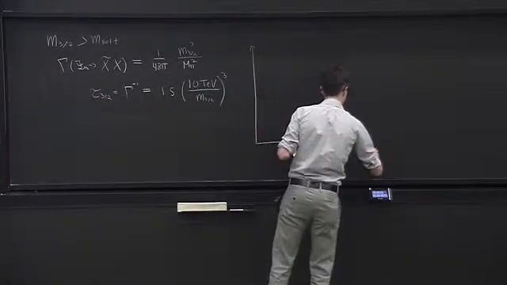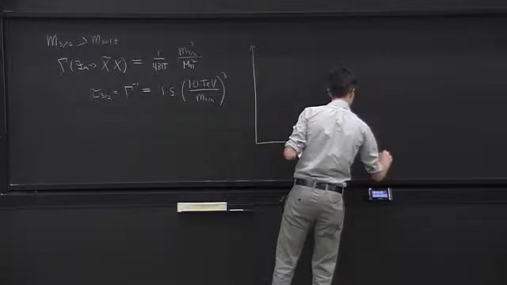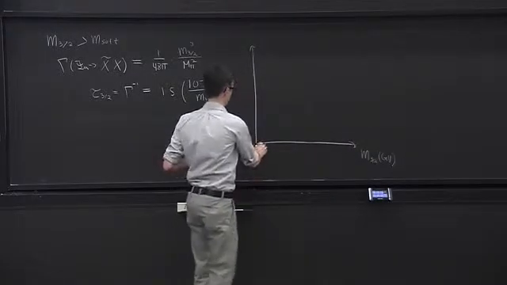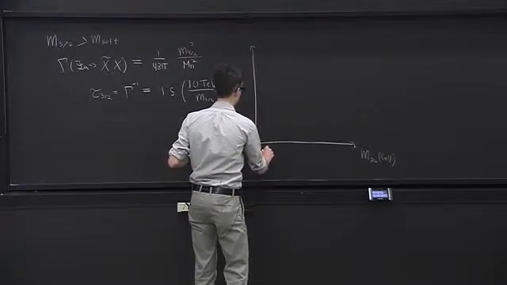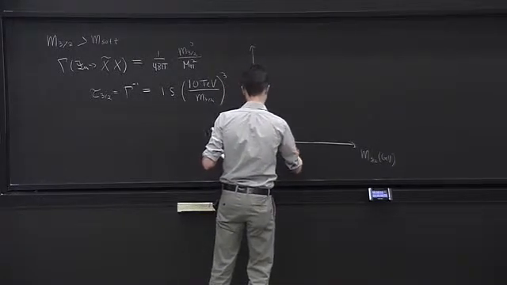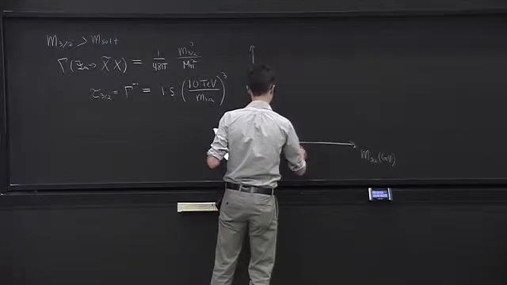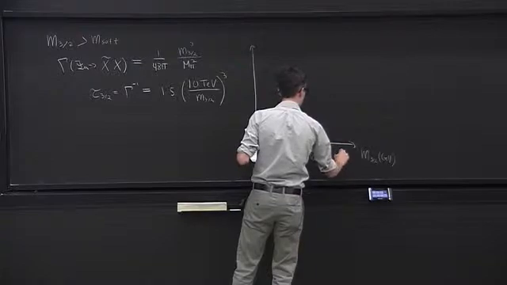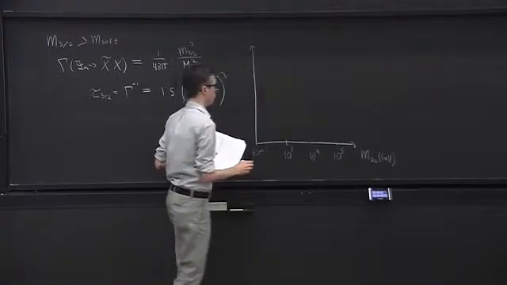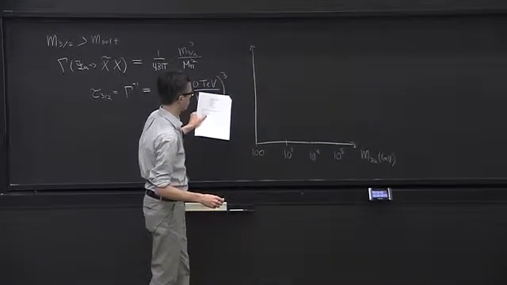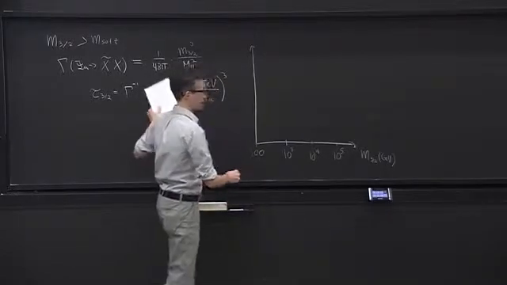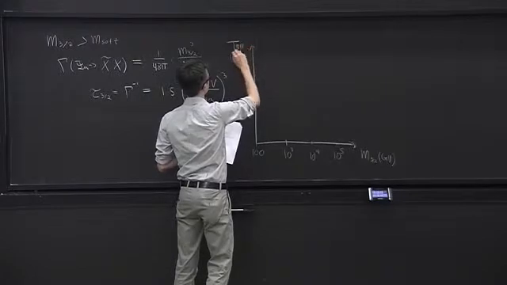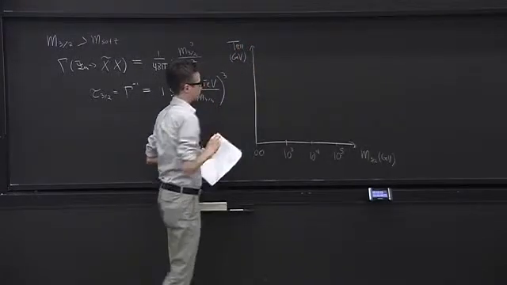People write these limits as a function of gravitino mass, 10 to the 2, 10 to the 3, 10 to the 4. For a given gravitino mass, you can put limits on this kind of decay, given a certain reheating temperature in GeV.